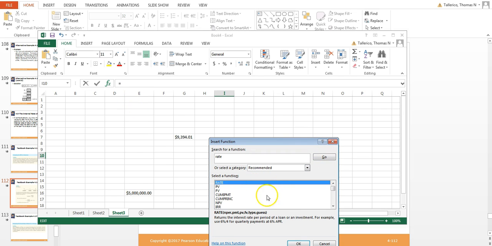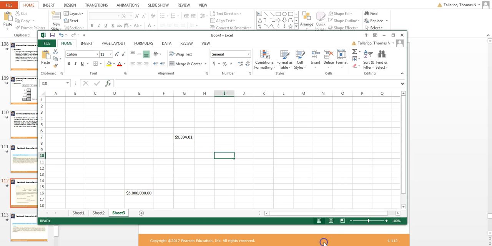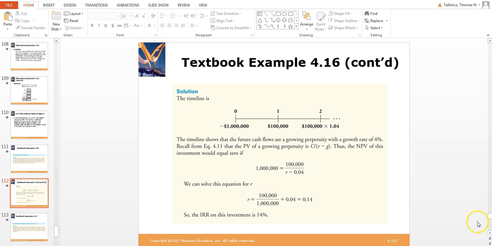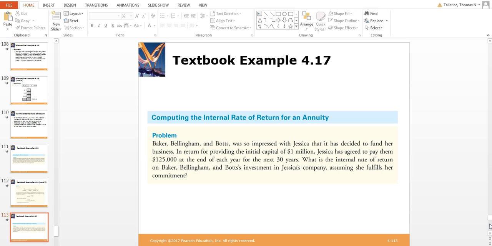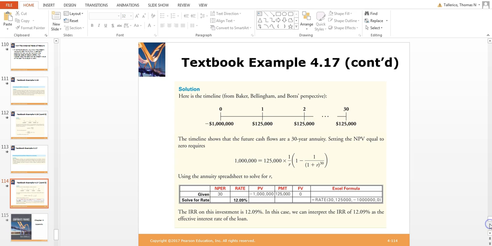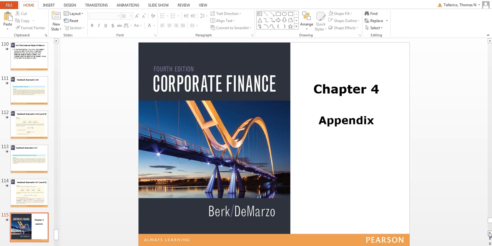I'll say more about rate and internal rate of return again when we meet. But I just wanted to make you aware that they are in Excel, so we don't have to worry too much about calculating them. And so I believe that's really about it. There's a couple of examples here, and we'll go over that.